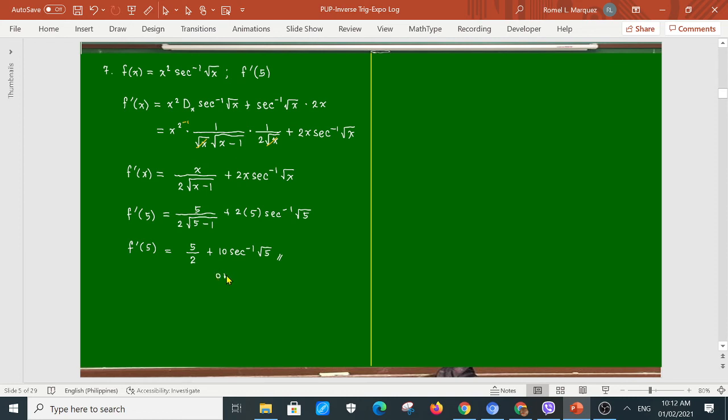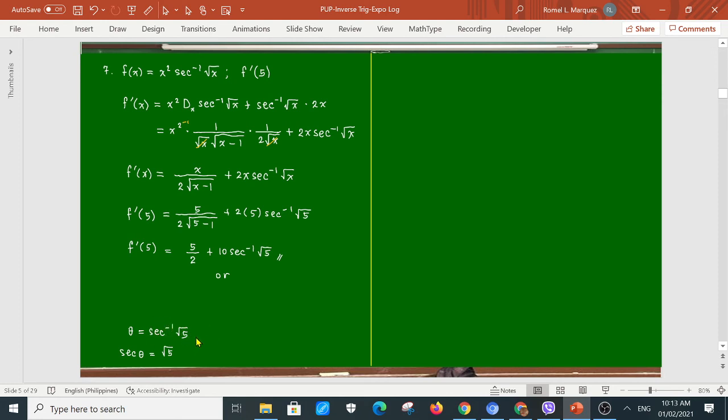Or if you want to approximate, so where's my calculator? Now, inverse secant means what? So let me have here in a scratch. If you let that theta, that inverse secant, square root of 5, so what is secant theta? Square root of 5. But remember, this is in the first quadrant.